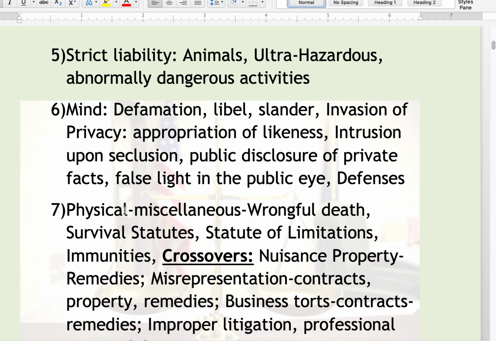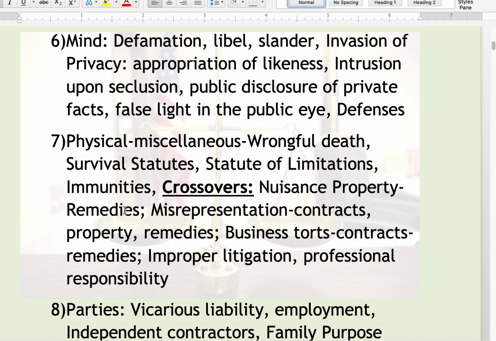So 7 is physical, miscellaneous. Okay, so that would be wrongful death, survival statutes. Now, by the way, physical can be negligent or reckless. Statute of limitations, so it doesn't necessarily need to be intentional. Now, there's a lot of crossovers with these.